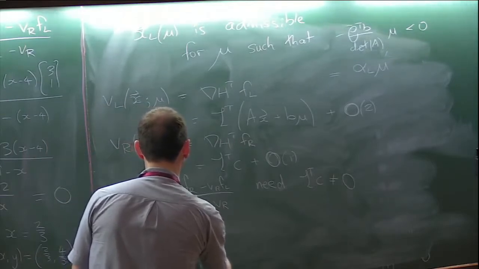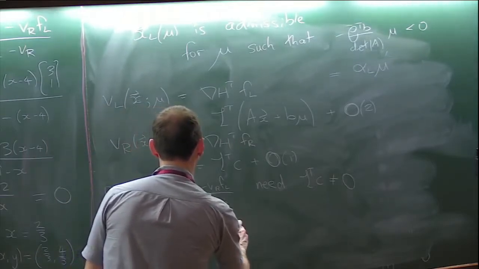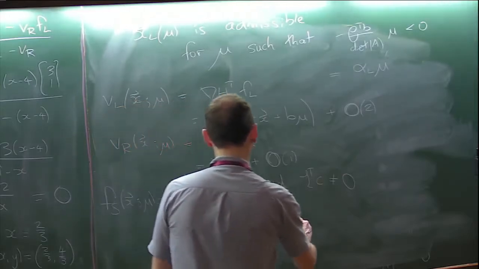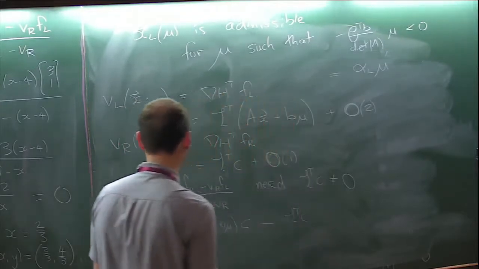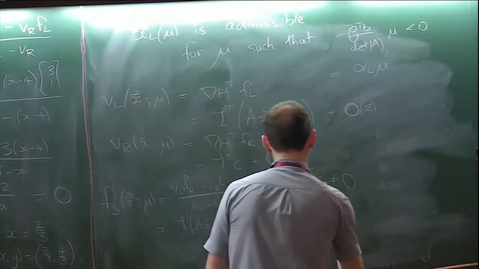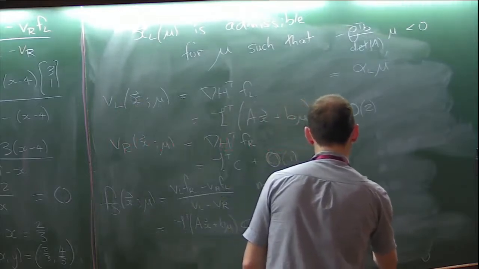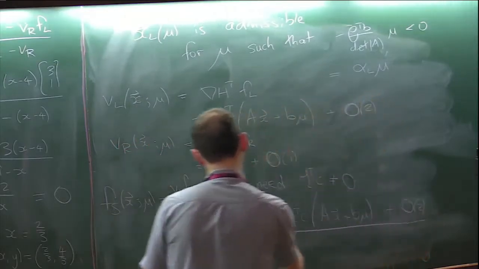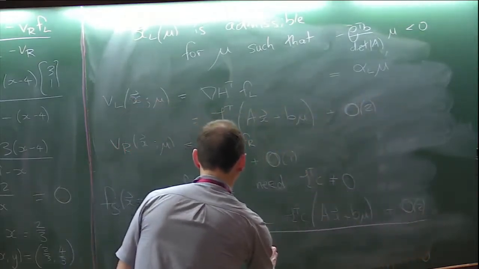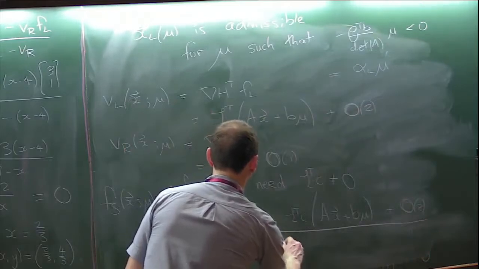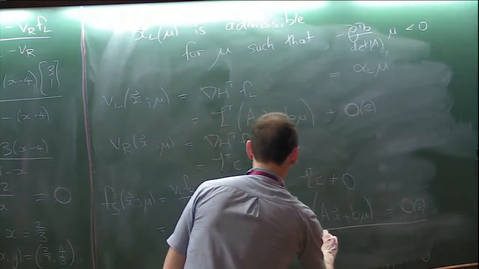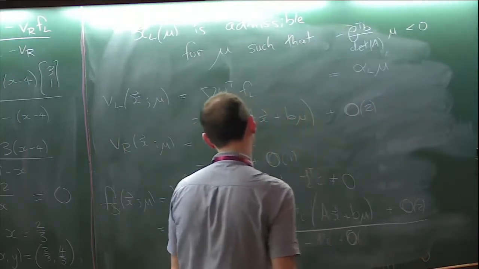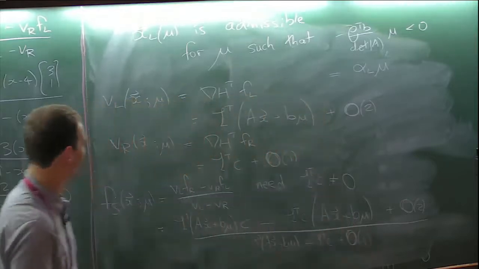On top, zeta transpose A X plus B mu times FR, minus zeta transpose C times FL, and on the bottom, zeta transpose A X plus B mu minus C, plus order 1.